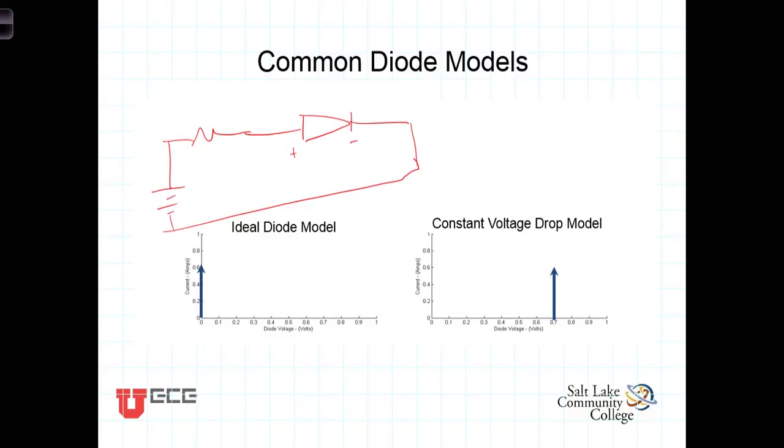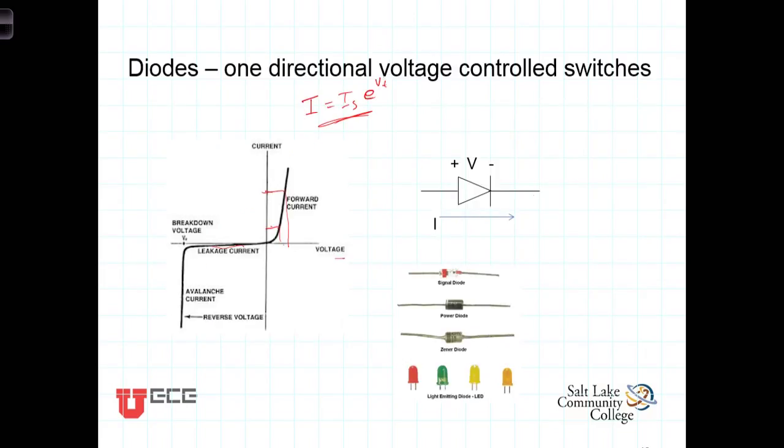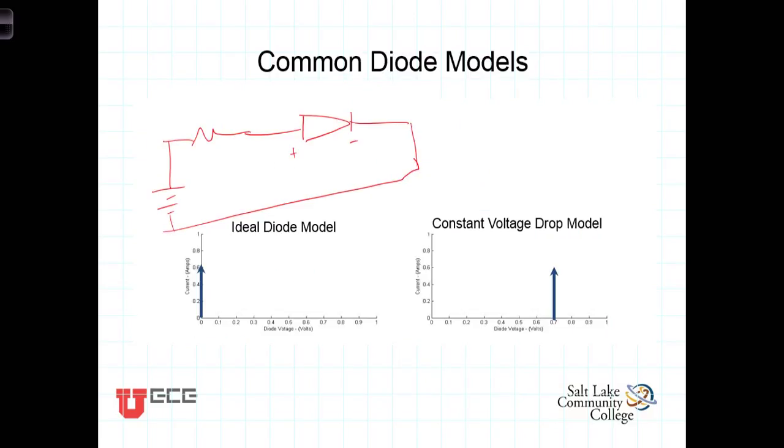But again, for quick and dirty calculations in the lab, it's very convenient to use what is known as the constant voltage drop model, where we identify a point in this curve where the diode is well into its conducting region, and whatever that voltage is there, it's of course that threshold voltage that we've talked about previously. We're going to simply say that we're going to see a constant drop across here, independent of the amount of current flowing through it.